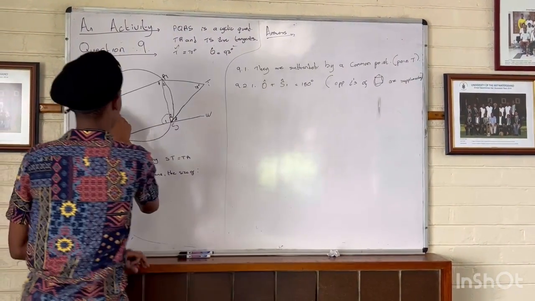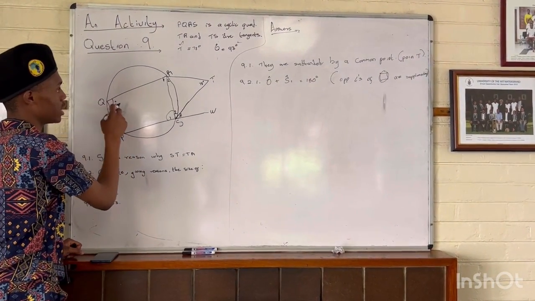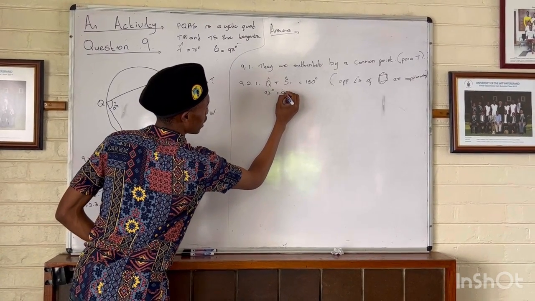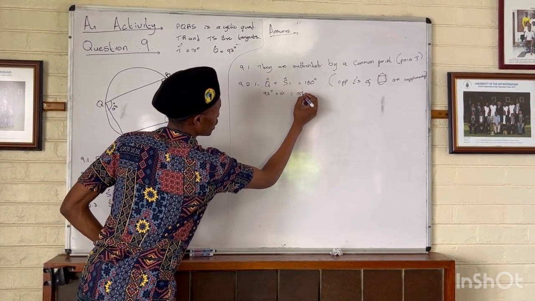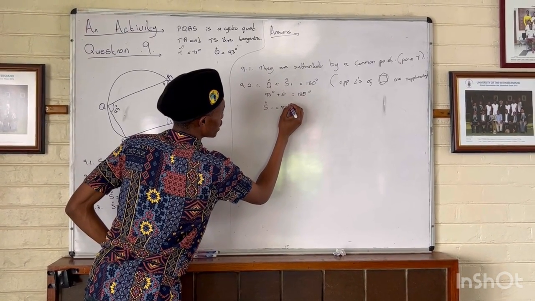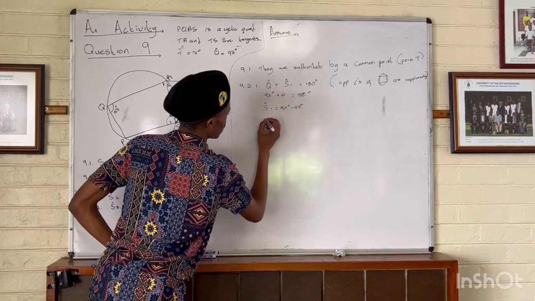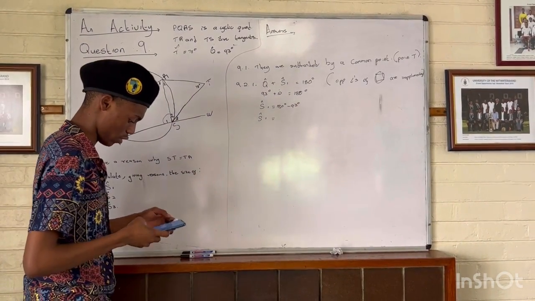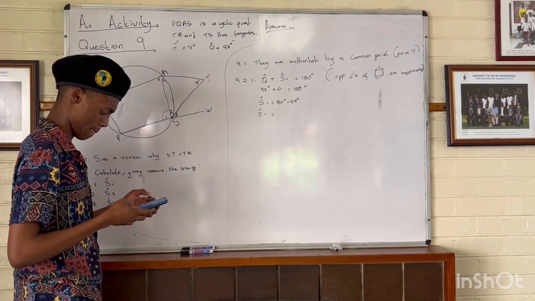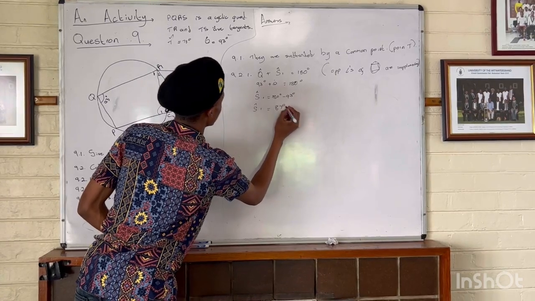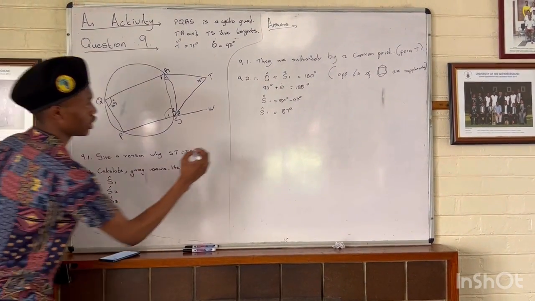So we have been given that angle Q is 93 degrees plus angle S1 is equal to 180 degrees. Then angle S1 is equal to 180 degrees minus 93. Let's check it on our calculator to confirm. Angle S1 is 87 degrees.